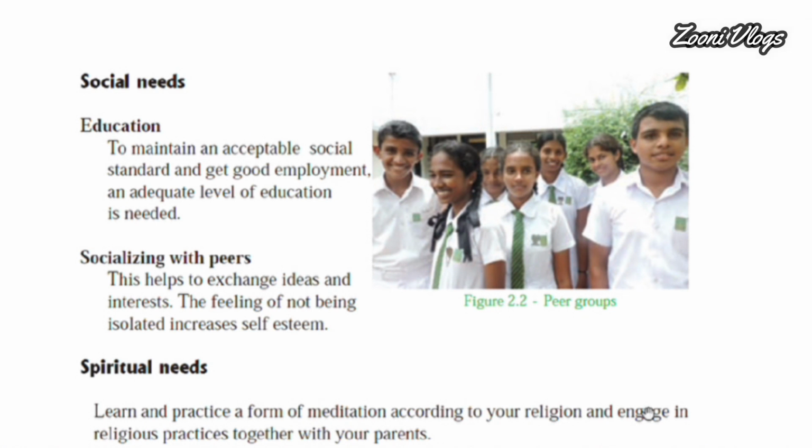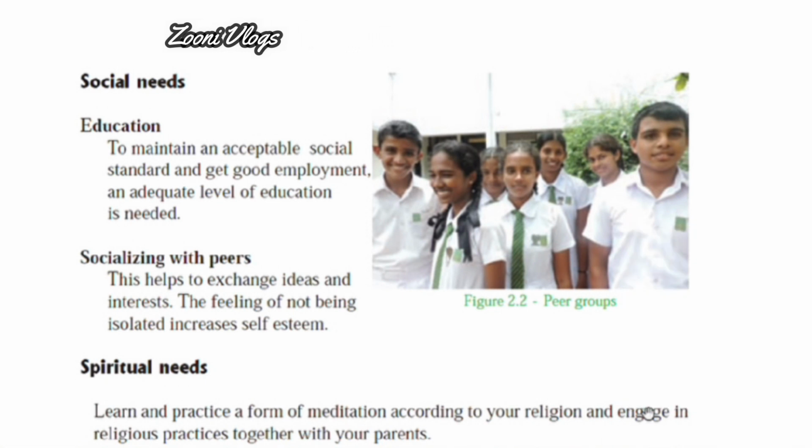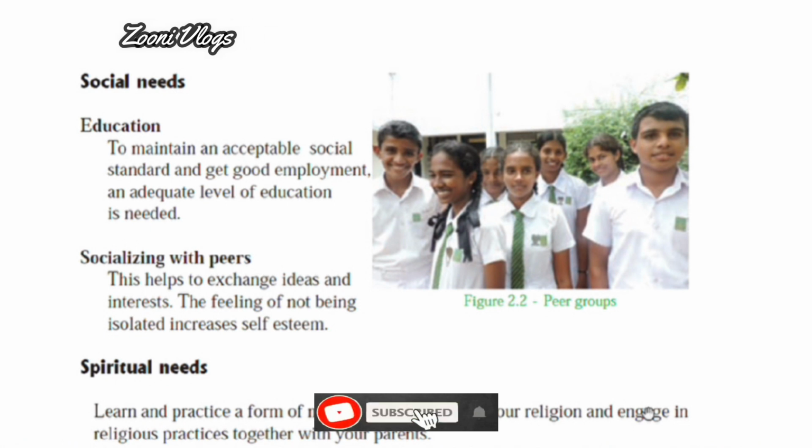The feeling of not being isolated increases self-esteem. If you are an isolated person, you don't have self-esteem in you. But if you are socializing with peers, it helps to exchange ideas and interests among the peers. So it increases self-esteem in you.